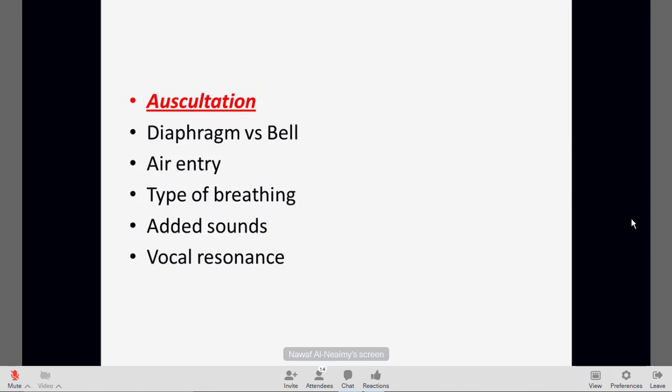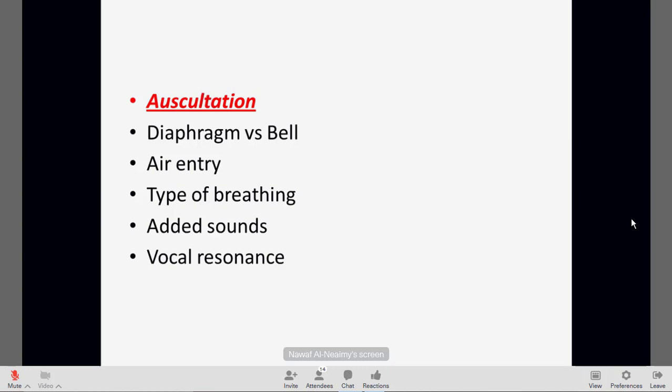Anyway, start with the apices of the lungs and advance down. The same thing we said for percussion, go down gradually, and I must not miss auscultating over the lateral sides of the chest. Okay, this is important.